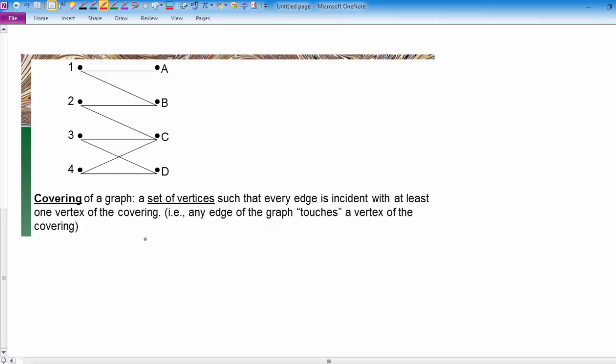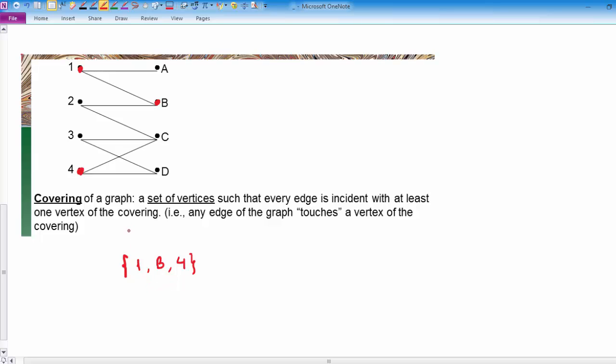For example, let's pick a set of vertices. I'll pick vertex 1, B, and 4. Okay, so I'm selecting 1, B, and 4. Question: is this set a covering of the graph?